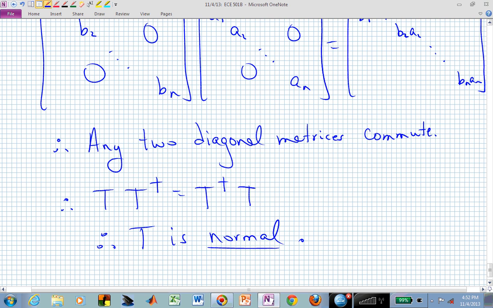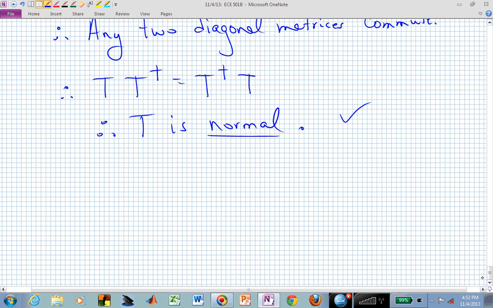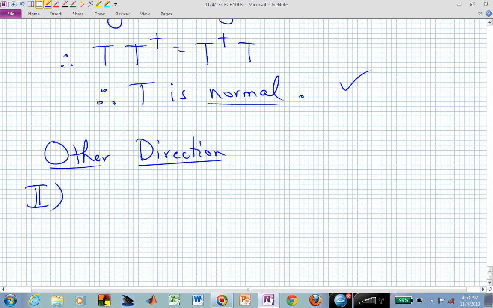So we've gone one direction. Now if we go in the other direction, what's our assumption? Now we start with the end and go back the way we tried to get to the beginning. So now we're going to assume T is normal.